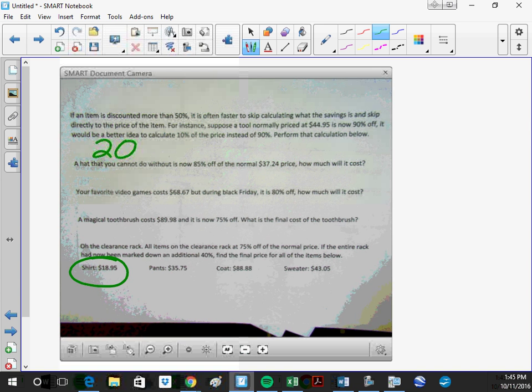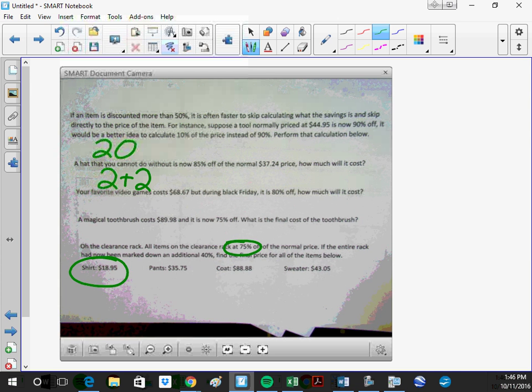So, turn it into 10%, which is 2. Then what? We're doing 75%. So I'm going to times it by 2, or add 2, either way. And then that brings me up to 20%. I need another 5%, which is half of 2, so $5.